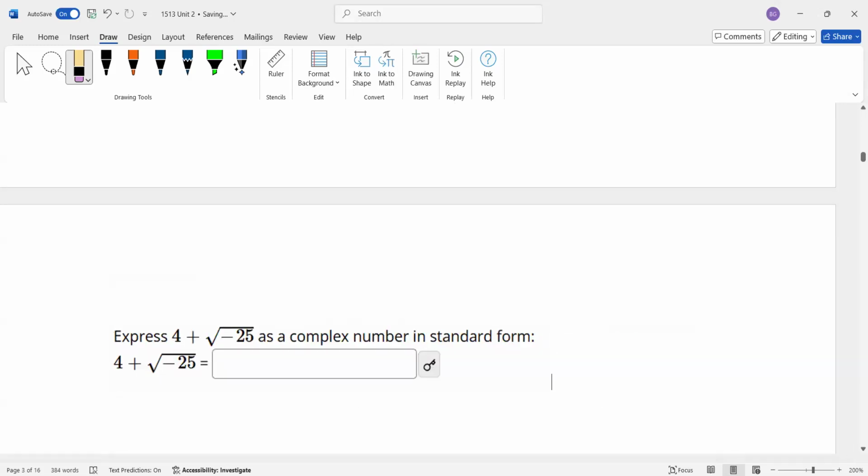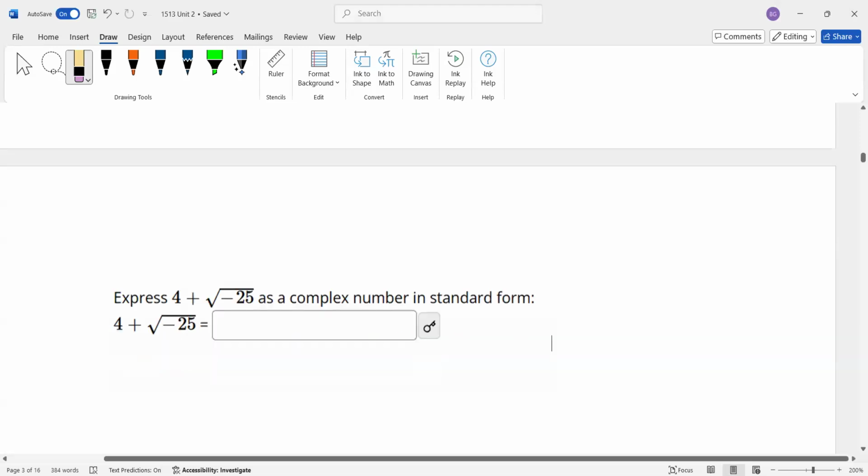Yeah, give it a try. Share your answer. 4 plus 0 plus 5i.